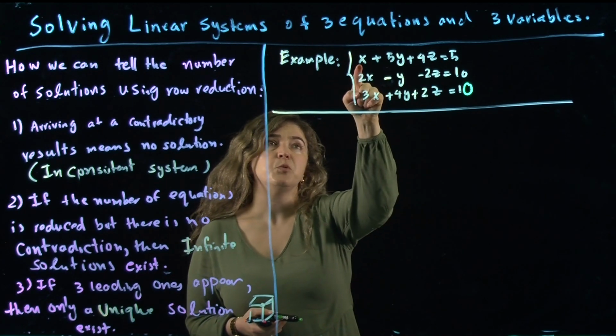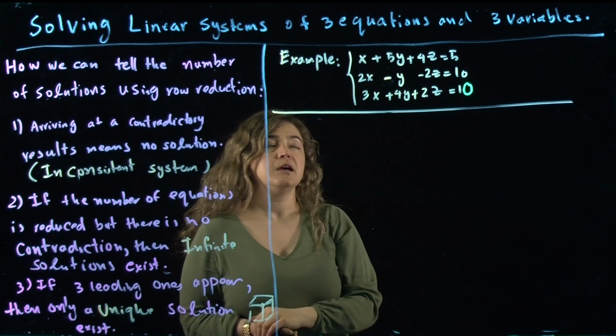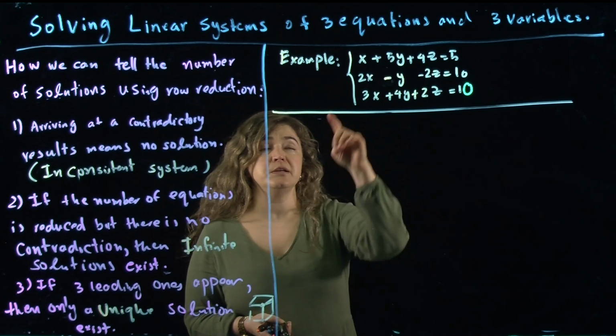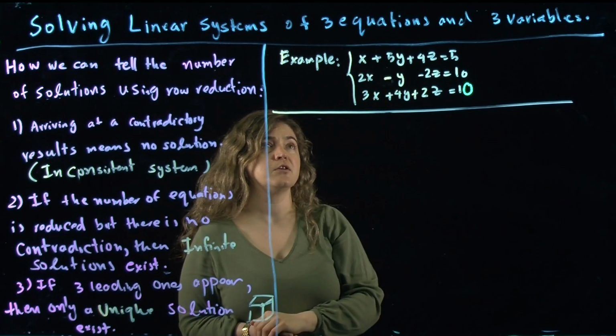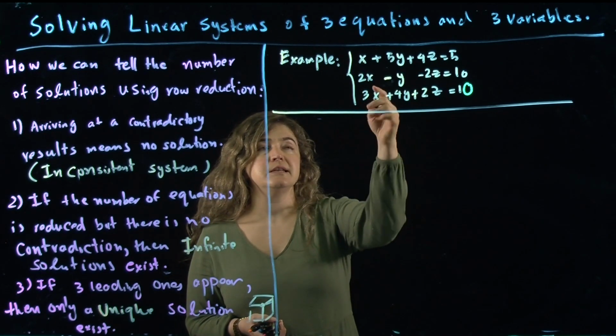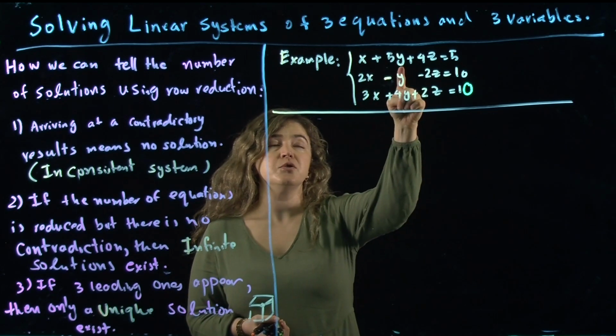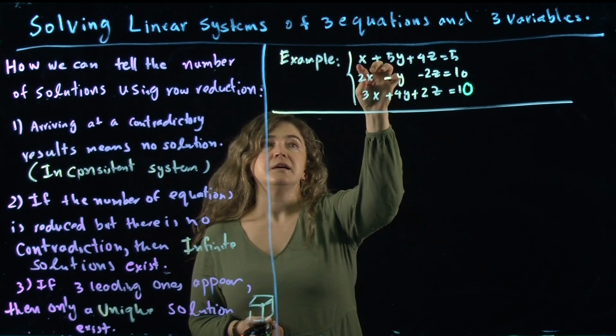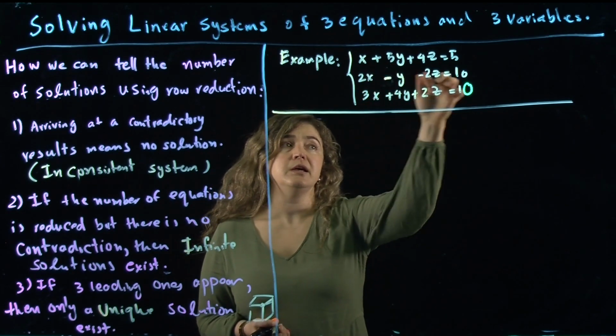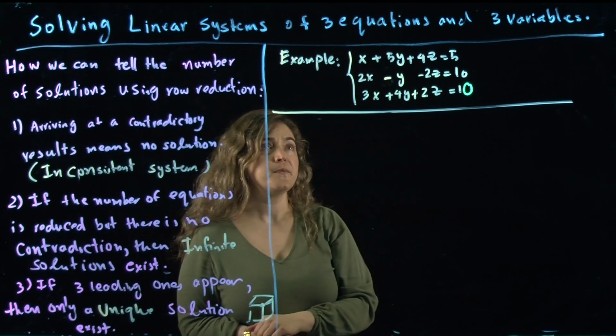In this case, the leading one has been created already for us in the first row. The next thing that we need to do is to use the leading one in the first row to eliminate the same variable in the following rows.